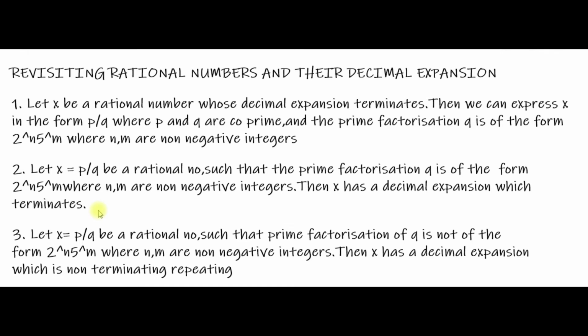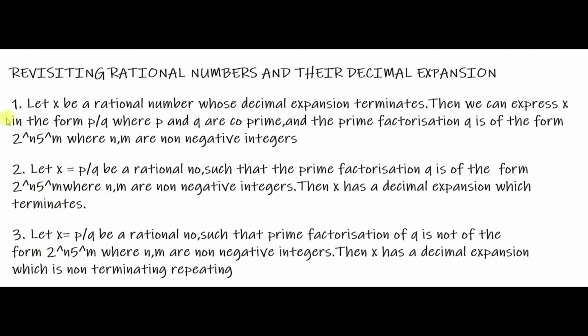Here it is the same concept, only the difference is that we are not considering p and q as co-prime numbers. If the denominator is of the form 2 raised to n into 5 raised to m, then the decimal expansion terminates.